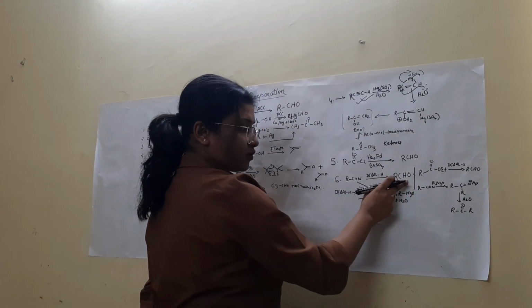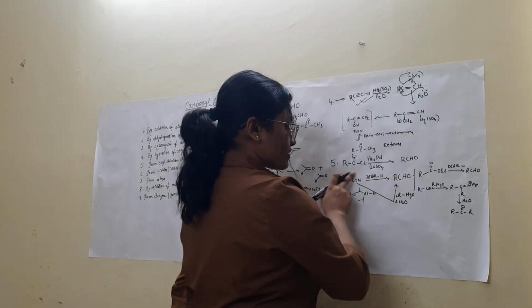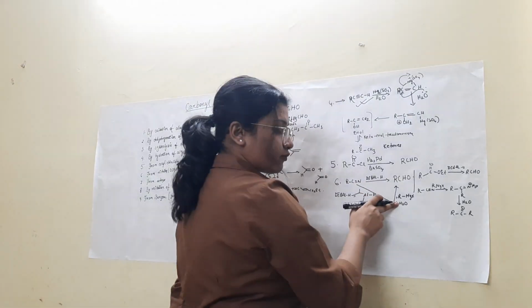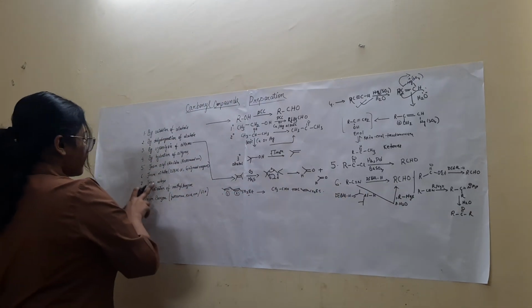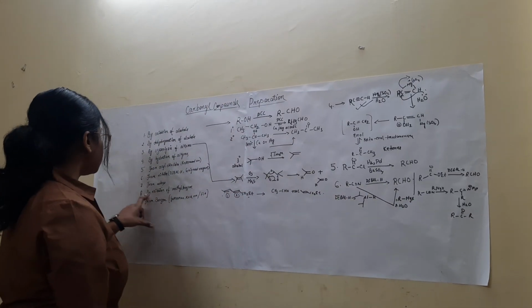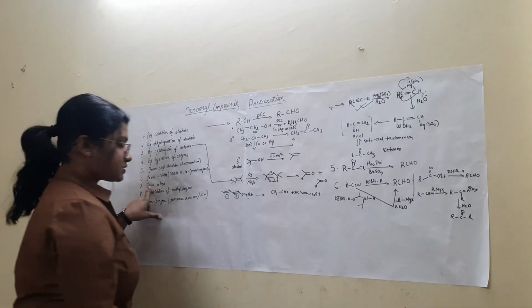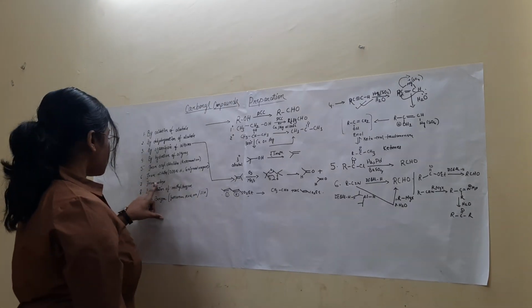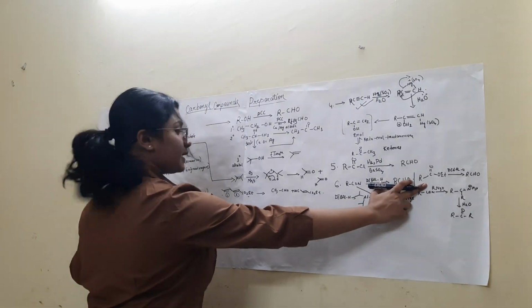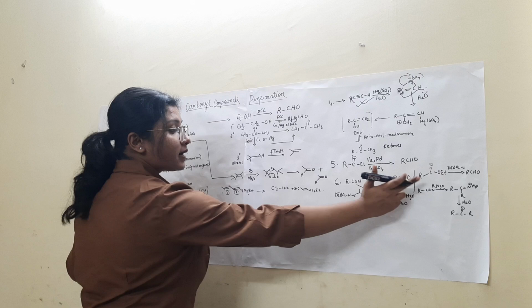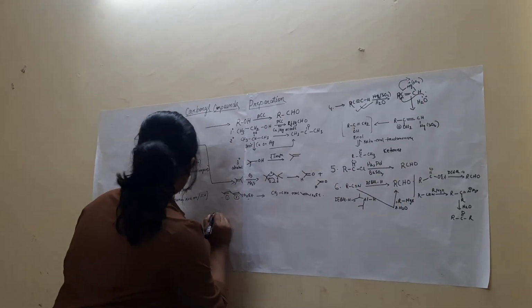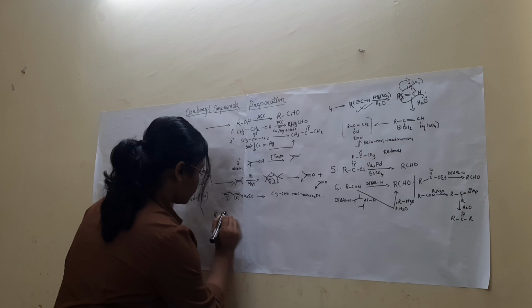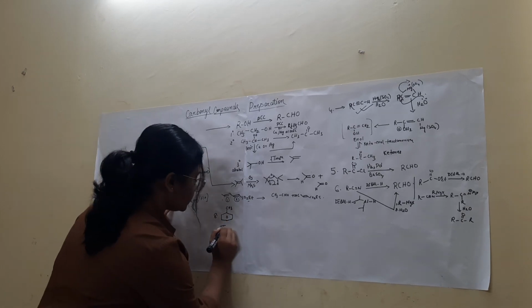So DIBAL will give you aldehyde, and from the same substrate with Grignard reagent we will form ketone. Then moving to oxidation of methyl benzene, or we can say toluene.